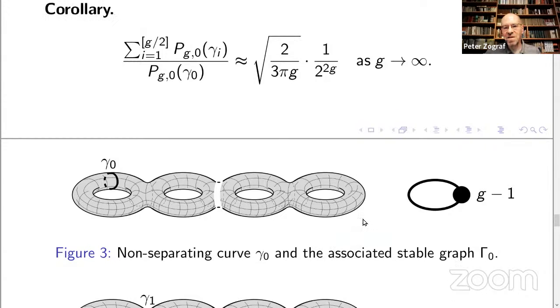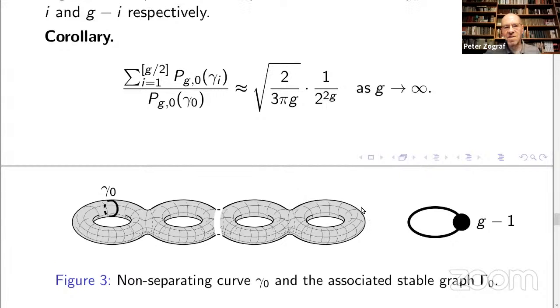And this computation gives the corollary that the ratio of the probability that a geodesic separates a complex curve over the probability that this geodesic does not separate the curve is given by this expression.